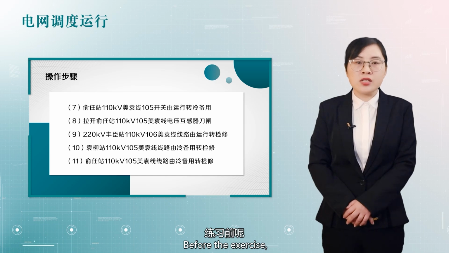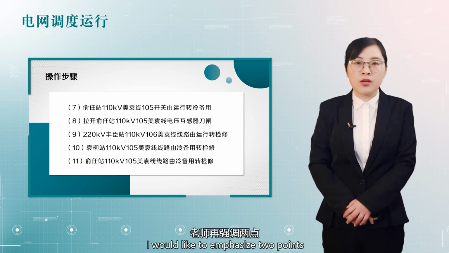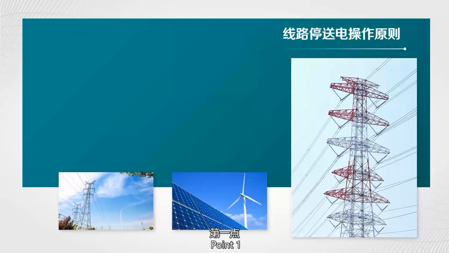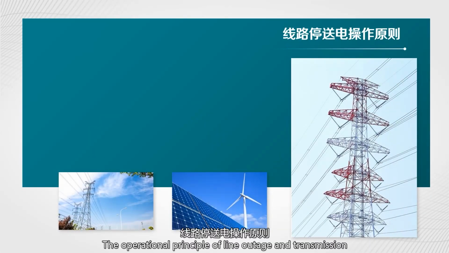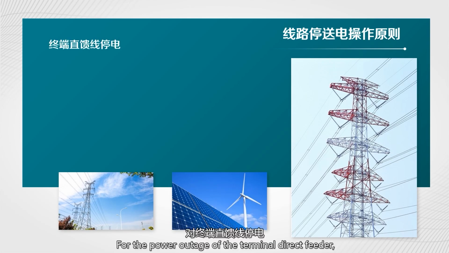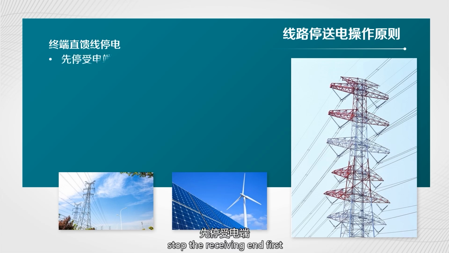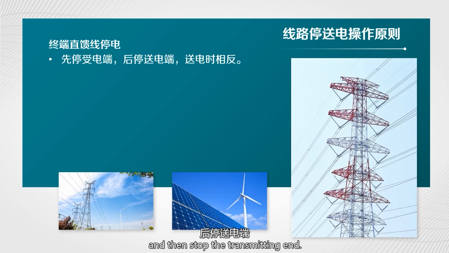Before the exercise, I would like to emphasize 2 points. Point 1. The operational principle of line outage and transmission. For the power outage of the terminal direct feeder, stop the receiving end first and then stop the transmitting end.